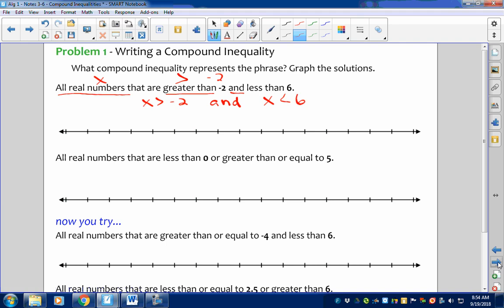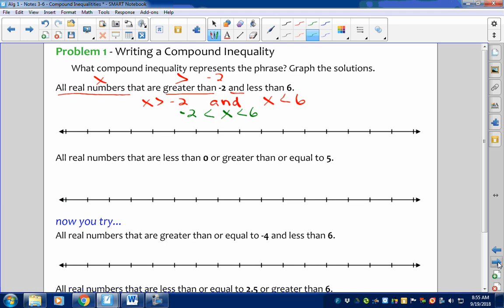That is called a compound inequality. That's one way to write it, as 2 separate inequalities. There is a way to join them together, which I'm not sure if you've seen before. You may have. The way we join these together is like this. We place the x in the middle. We have the less than 6 here to the right. And then if I take this inequality and flip it around so it's pointing the other direction, at the negative 2, I have the same thing that I've expressed up here in red.